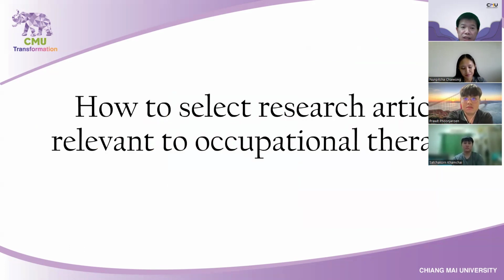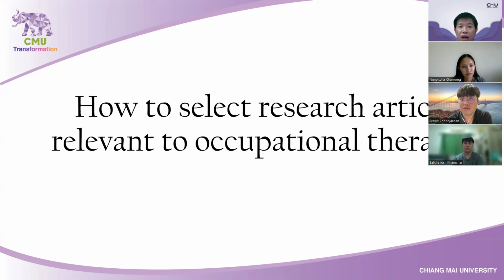Very important: how to select a research article, which Ajahn Joy taught you already. It needs to be occupational therapy first, right? Some occupational therapy can be published in a journal, like the Qualitative Report, where I publish a lot.